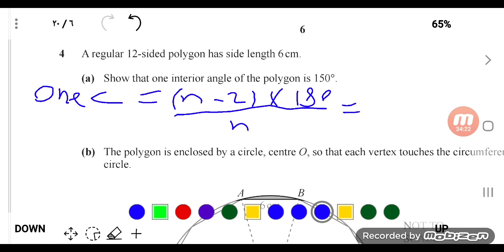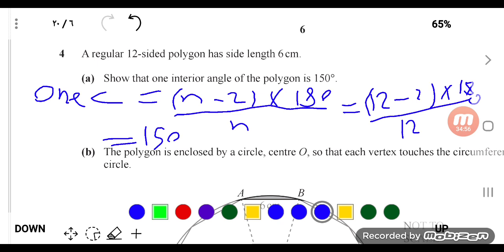So if you plug that on the calculator, n is 12-sided polygon, 12 minus 2 times 180, all of them divided by number of sides again, which is 12. So you get 150. On the calculator, you get 150. Like this, we prove that the angle is 150.